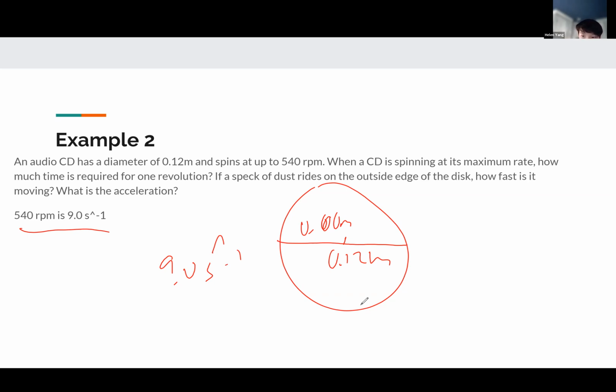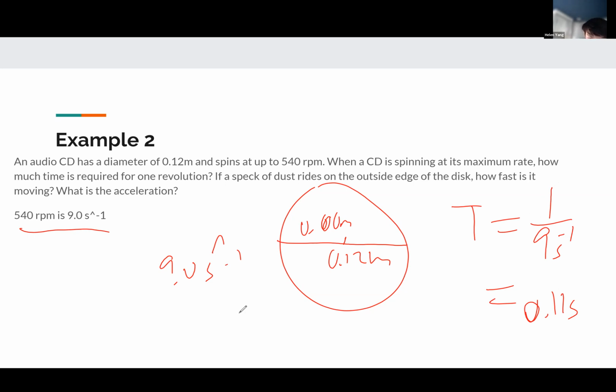So it first asks how much time is required for one revolution. So T is equal to 1 over 9.0, so the answer would be 0.11 seconds. And then it asks if a speck of dust rides on the outside edge of the disk, how fast is it moving? So it's asking for the velocity.